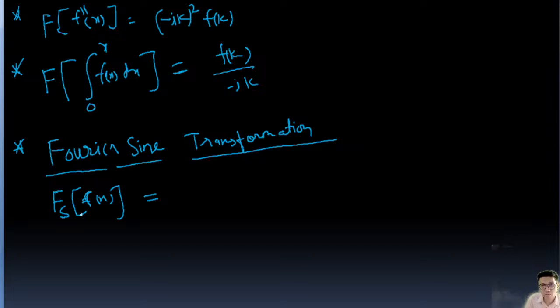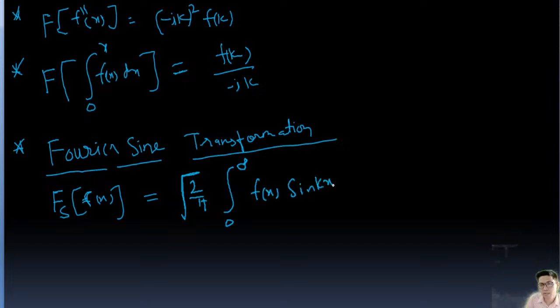Okay, so the Fourier sine transformation of f(x) is going to be root 2 upon pi integration 0 to infinity f(x) sin kx dx.